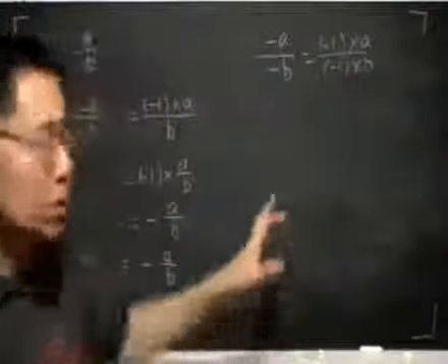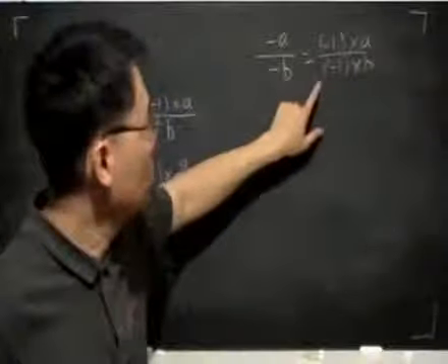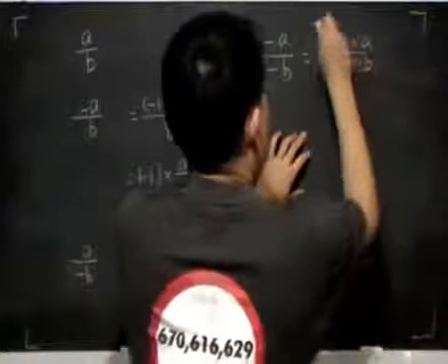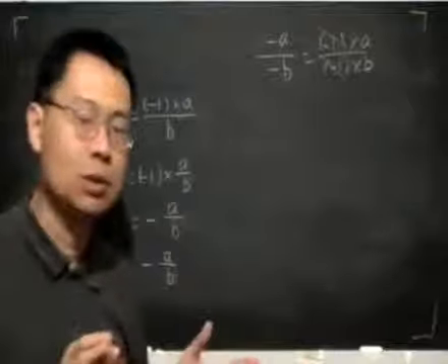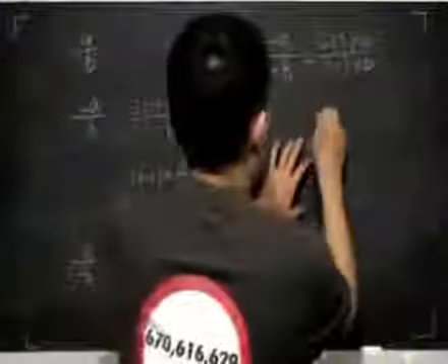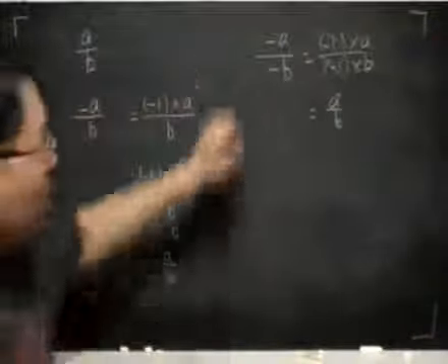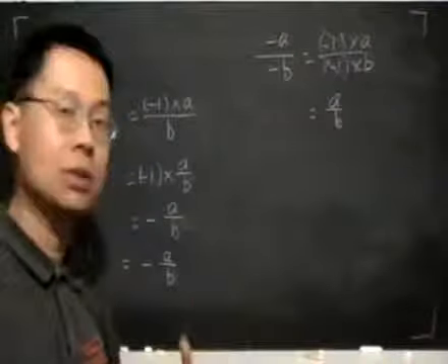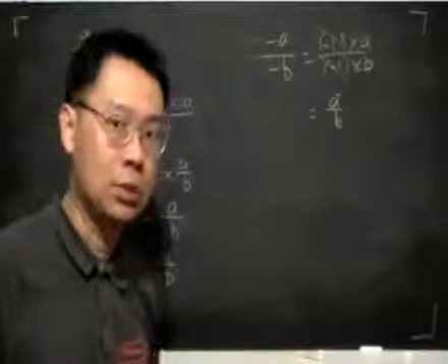What we have now is minus 1 on top and minus 1 at the bottom. So we can use cancelling. Minus 1 divided by minus 1 is just 1. And we are left with a over b. In other words, the minus sign and the minus sign cancel when you divide, just as they cancel when you multiply. So that's just a over b.